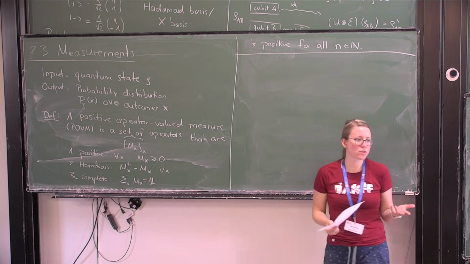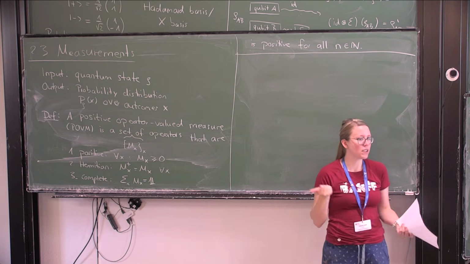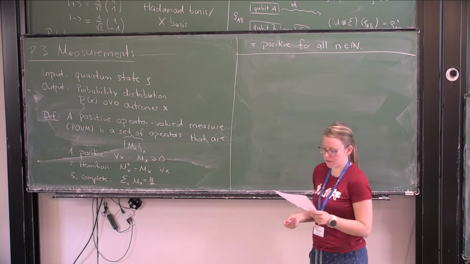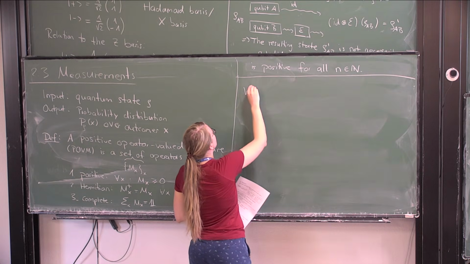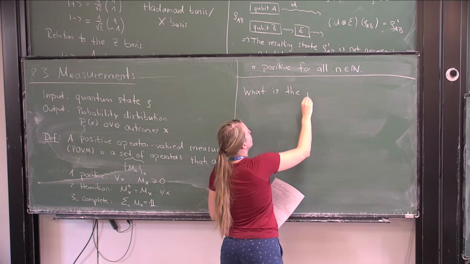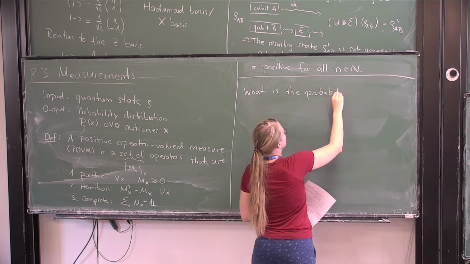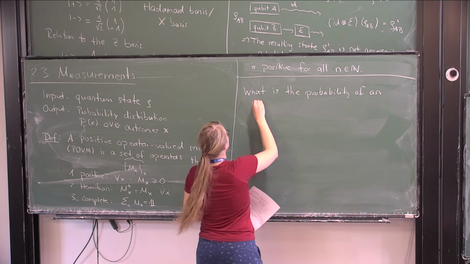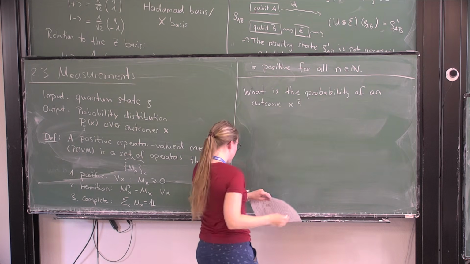So there are two questions I would like to answer when I look at the measurement. One is, what's the probability of the outcome? And the other is, what is the state after the measurement? Okay, so the first one is, what is the probability of outcome X?